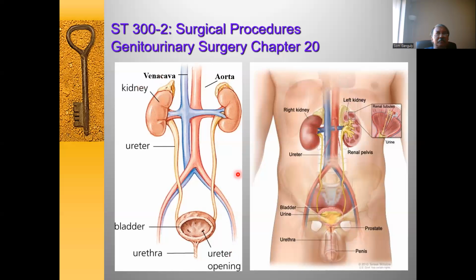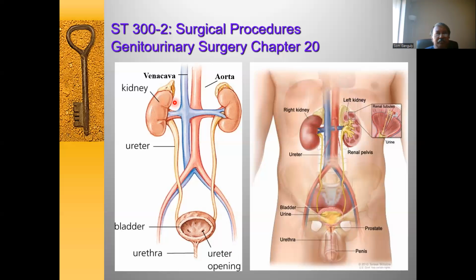This is the basic anatomic structure. Now, if you go further down, if you want to continue to dissect, you'll find retroperitoneal lymph nodes.